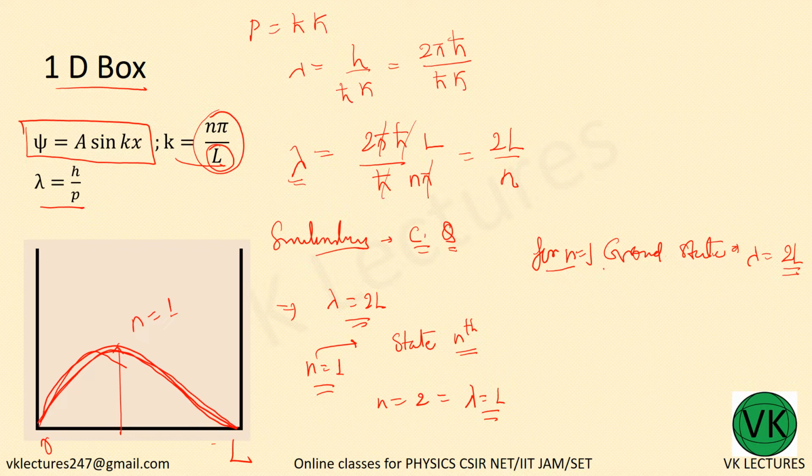For the first excited state, which means n equal to 2, after the ground state n equal to 1, lambda will be equal to L. And for the second excited state, it is n equal to 3, so 2L divided by 3.